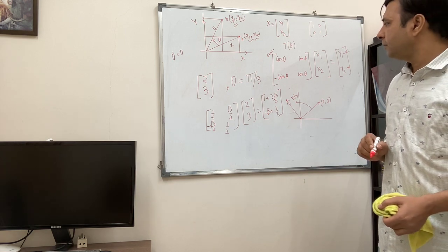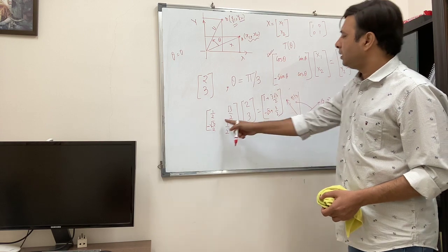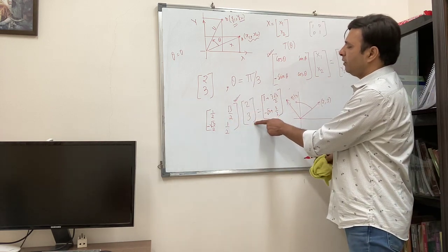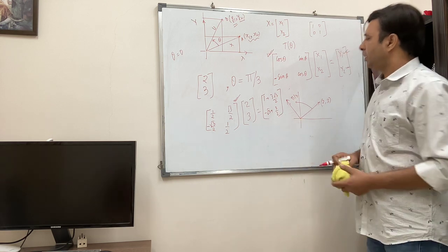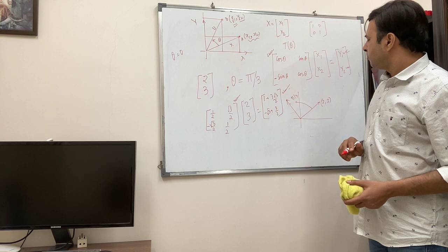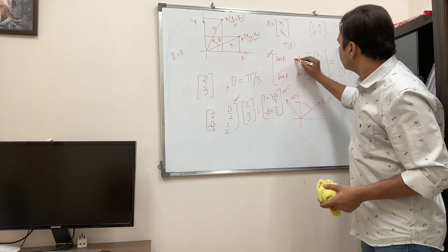Can you check it is all good? So I put theta equal to pi by 3, I get my transformation matrix. I multiply the original vector by that, and whatever is the multiplication, that is my answer. And I think this was right, Anushka. No, it was not wrong.